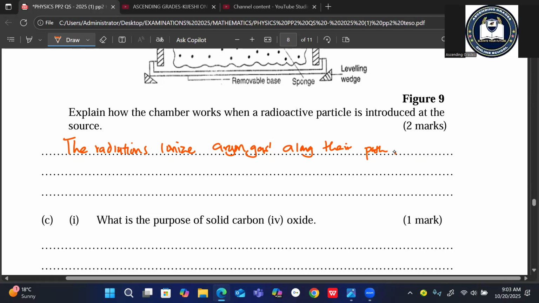So what happens? The alcohol vapor condenses on the ions.